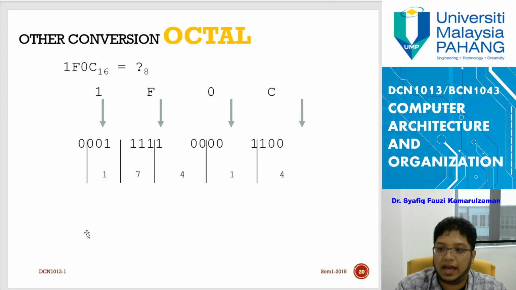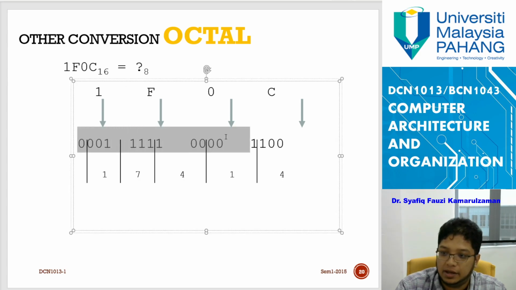So next we have octal. Okay, so for you to conduct octal, basically you have to do binary first. So when you convert hexadecimal in this case to binary, you got this number, and when you got this binary, you separate it to 3 digits each. Hexadecimal uses 4 binary digits, but octal you separate using 3.